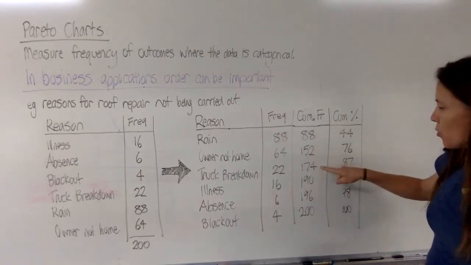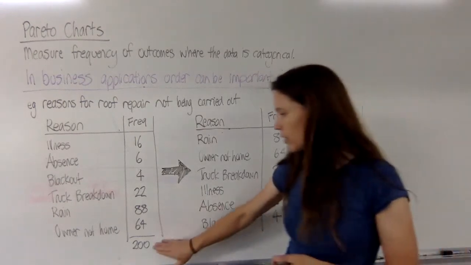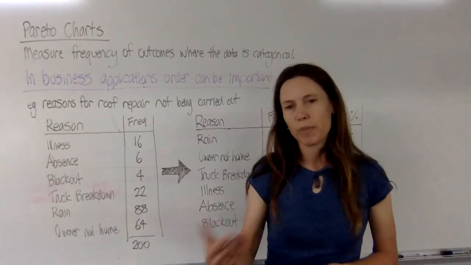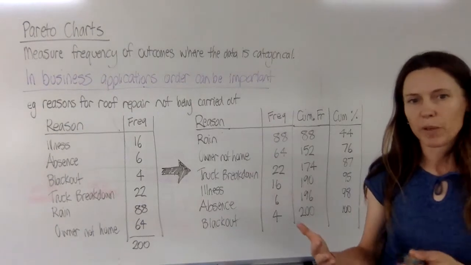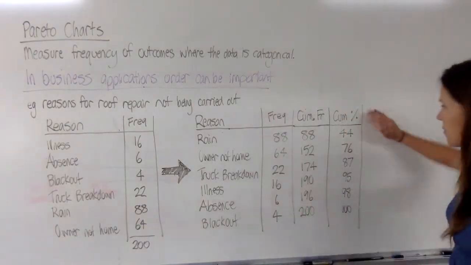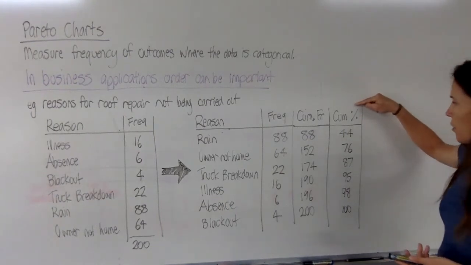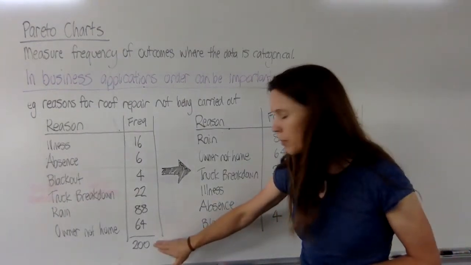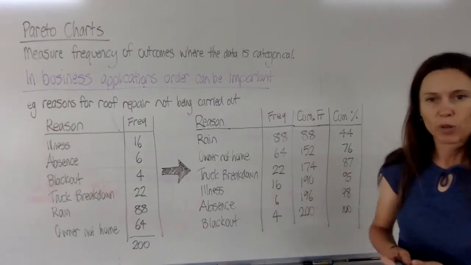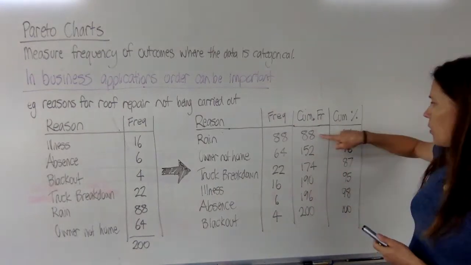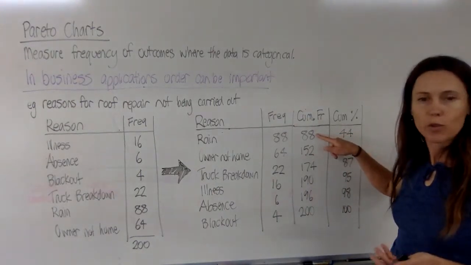Now, you are probably thinking, well, there's 200 people. Wouldn't it be handy to know what percentage of the problems are caused by each thing? Yes, it makes a lot of sense, and we call this the cumulative percentage. So if I say of the 200 problems, what percentage of them were caused by each thing? Obviously 88 out of 200 is 44%.